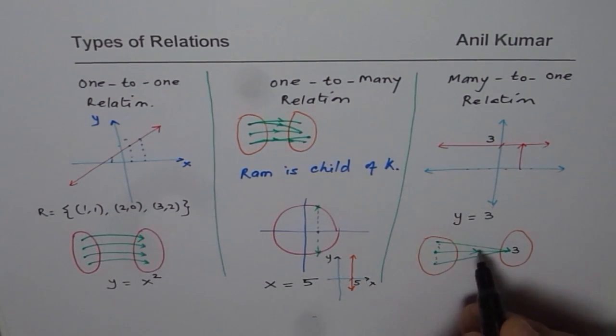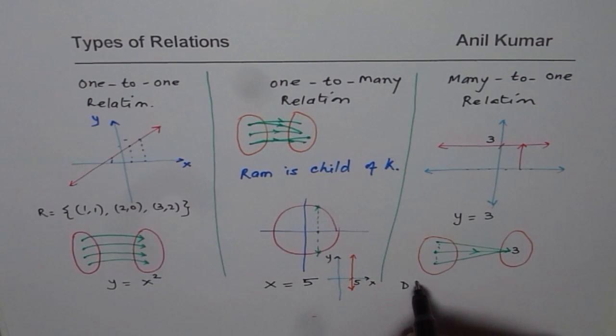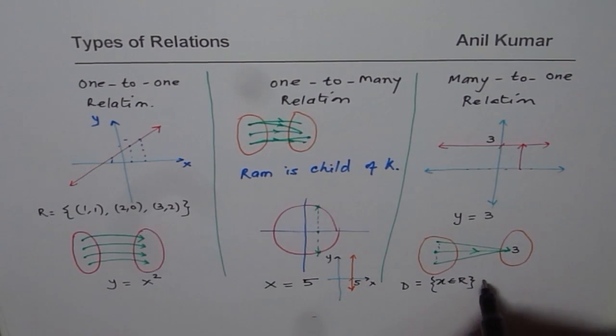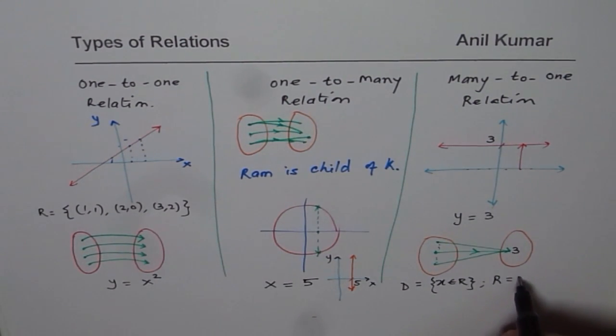So in this case, we have domain which is x belongs to real numbers, and we have range where range is y equals just the number 3. So many to one relation. You get the point. So these are three different types of relations which you can have.